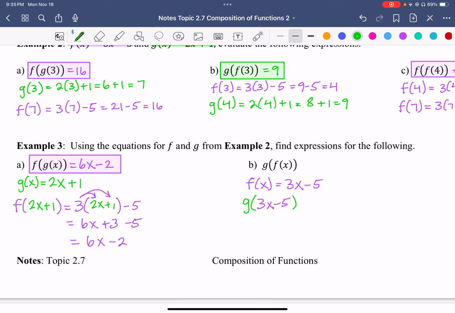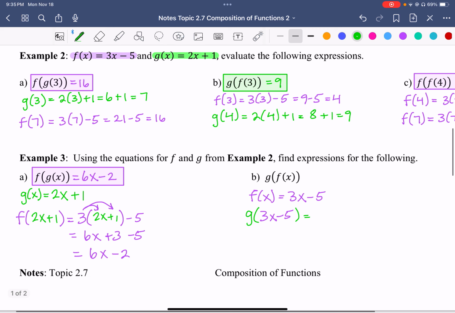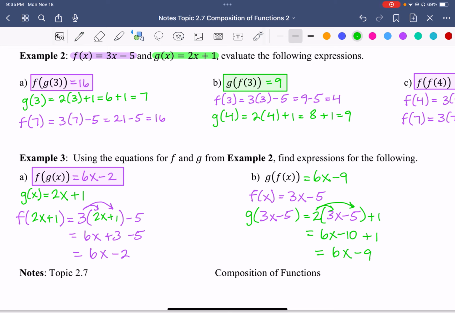And the equation for g is 2x, but instead of x, I'm going to plug in 3x minus 5, and then we have plus 1. And I'm going to distribute this 2, which becomes 6x minus 10 plus 1. Combine your like terms, negative 10 plus 1 is negative 9. So g of f of x is 6x minus 9.